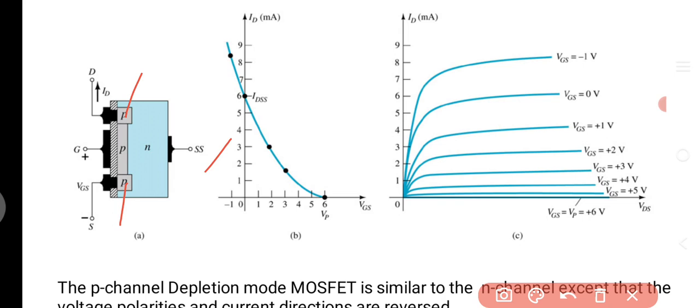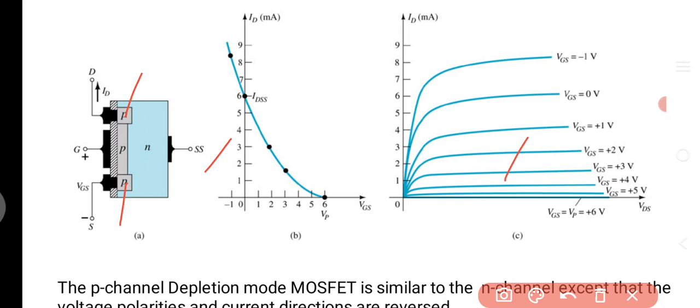The only difference between the N channel and P channel is, in case of NMOS, we provide the source and drain as heavily doped N regions. In case of PMOS, the source and drain will be heavily doped P regions. In between these two regions, that is source and drain, we provide the channel. That channel will be the same type.